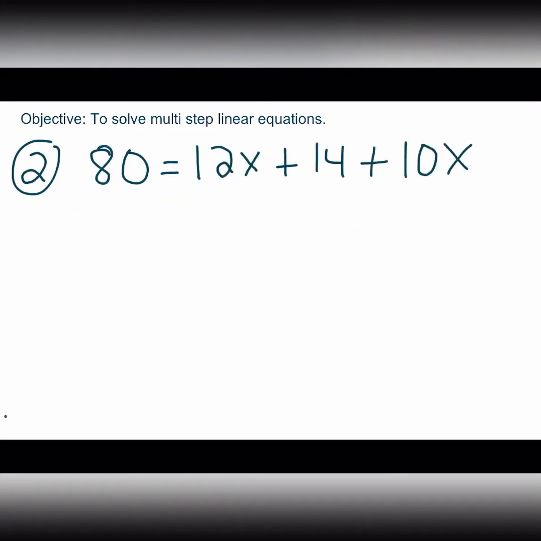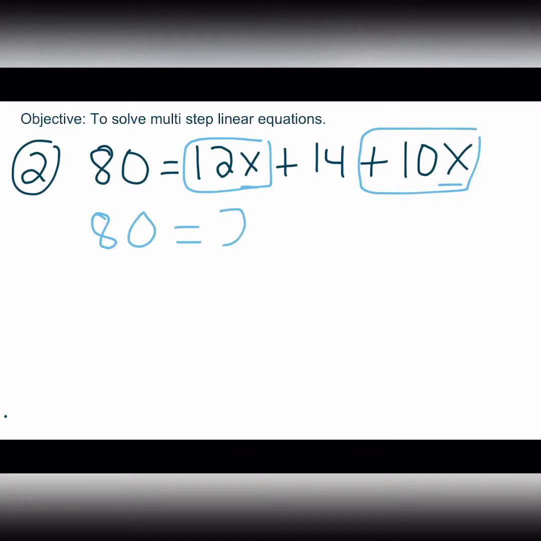Okay, so this next problem, we need to first combine the like terms. So we look here, we have an x and an x, so we do 12x plus 10x, so we just bring everything else down. 80 equals 22x, and then we bring down the plus 14.